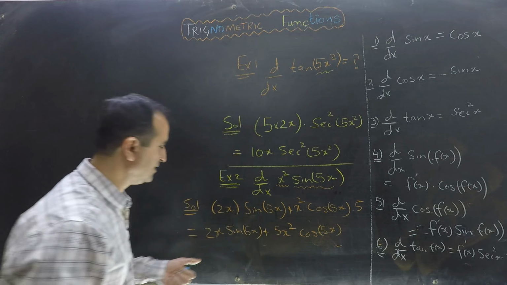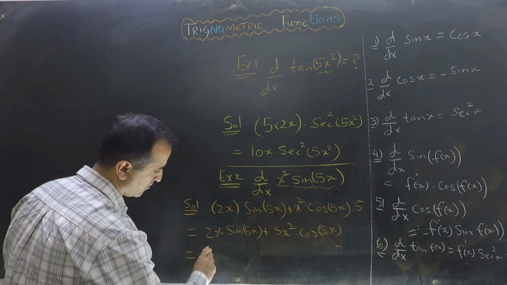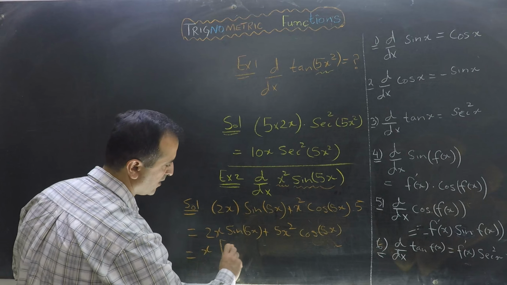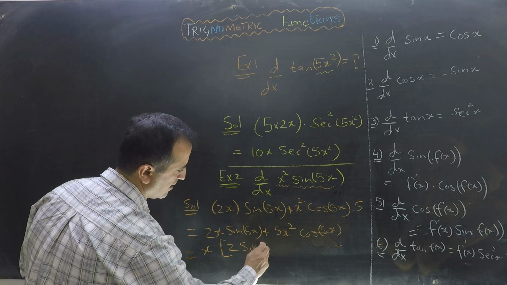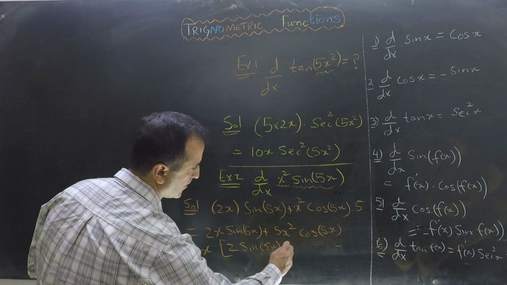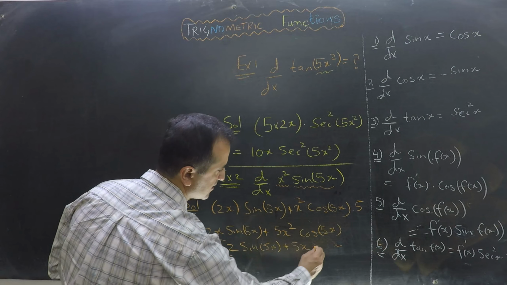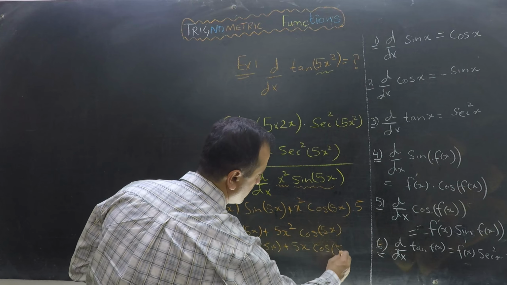We can simplify it further by taking x out. So we take x out, our result will be x times 2 sine 5x plus 5x cos 5x.